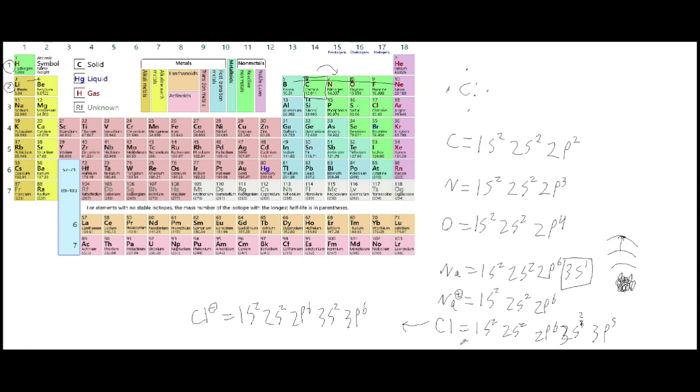You go back to this one here, so it would be neon. I think you usually write that in brackets, so you just write neon, and that tells you that neon is the electron configuration all the way up to the third shell. Then we have our 3s2, 3p5. So you can just write it like that.